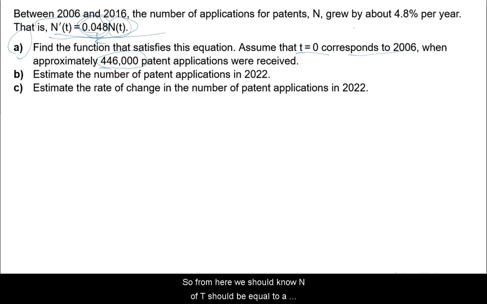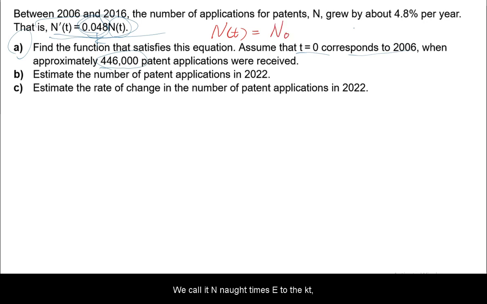So from here we should know N of t should be equal to a certain number, we call it N naught, times e to the kt, where k is the rate of growth. We already know that is 4.8% or 0.048. So I'm going to replace this k with 0.048.